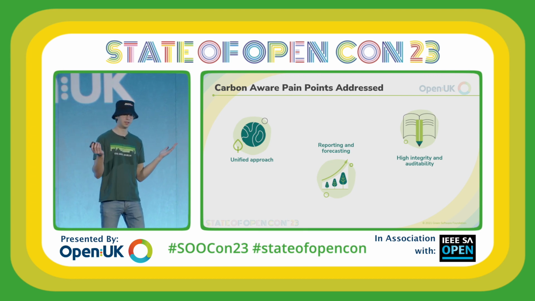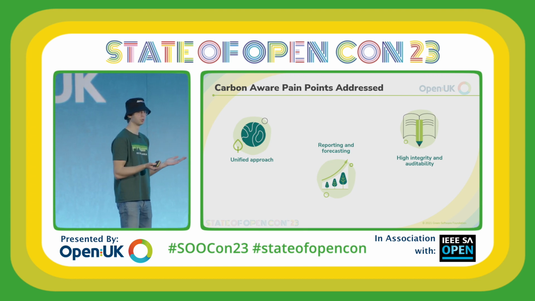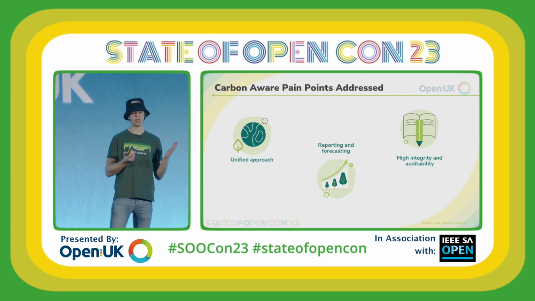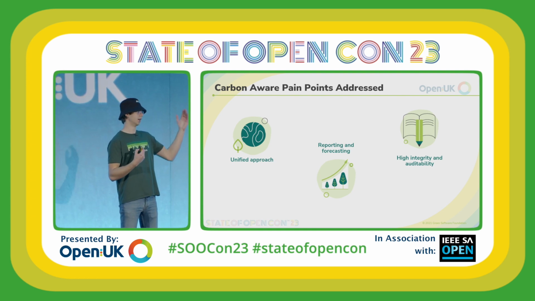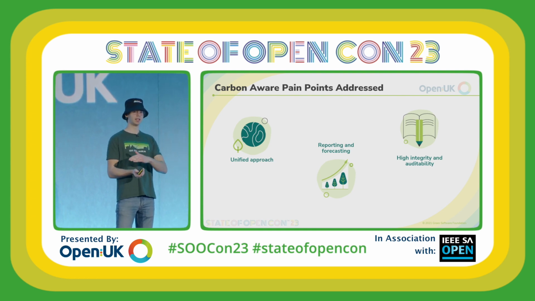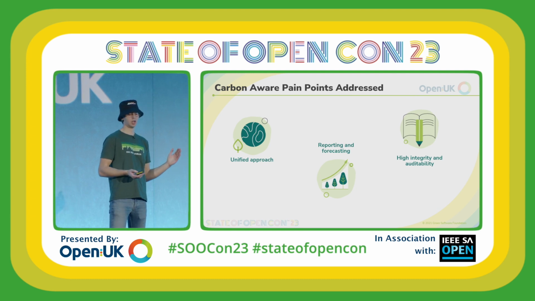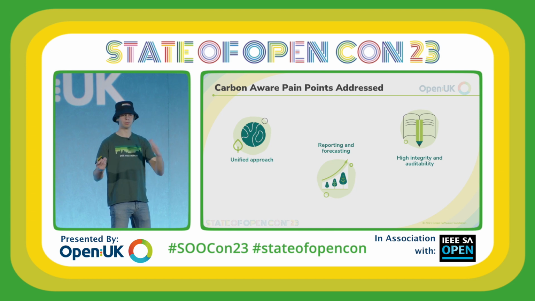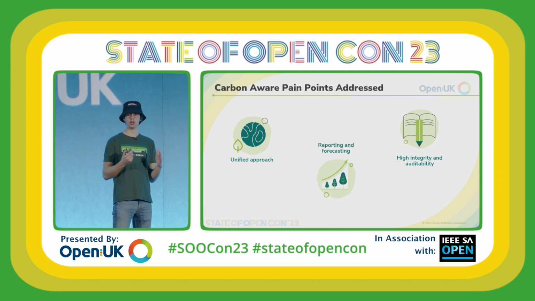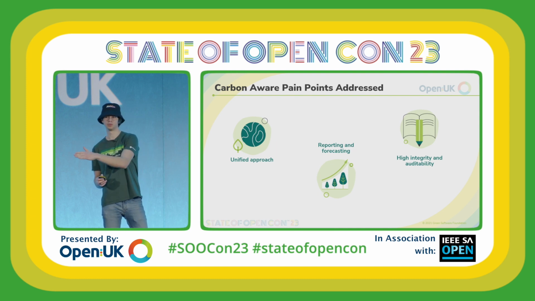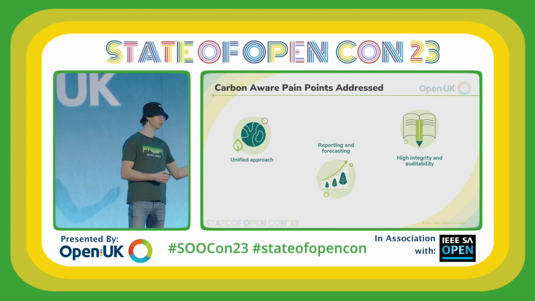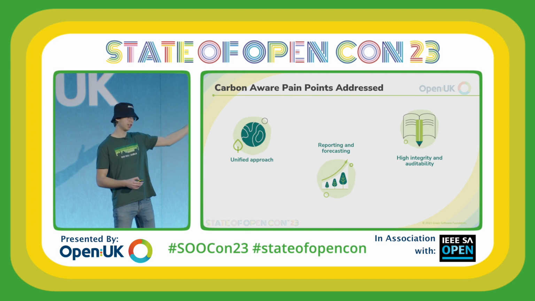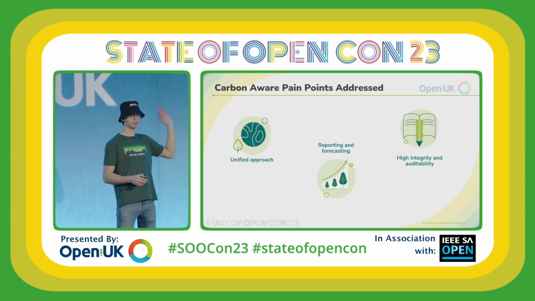Using verified data sources, we can make sure we are not greenwashing, and also by being able to look back at past data, we can see why certain decisions were made, why we decided to actually do that time shift. If someone asked later on, why did you actually move from that region to another one? You can show them, hey, this is clearly the data I was looking at that moment.